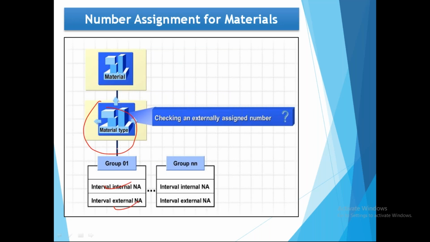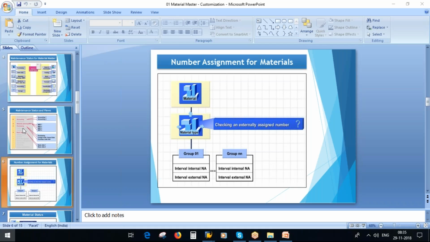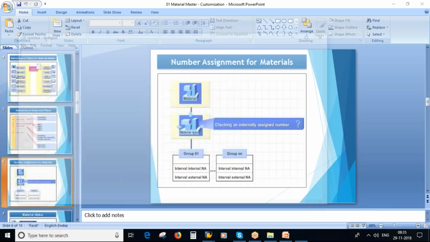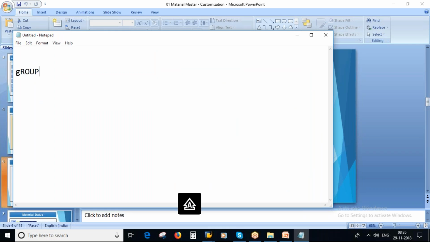So what you do, first you create a group. In that group, you will assign a number range, both internal and external. And in this group, you will assign the material type. So this is how the configuration works. Suppose I open a notepad file: first you will create a number range group.